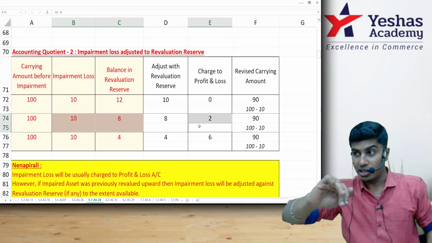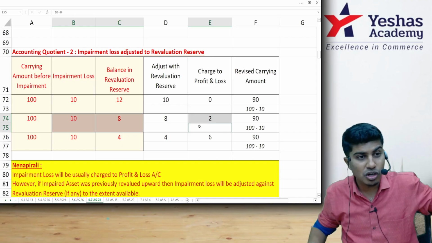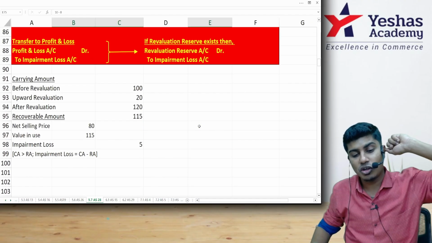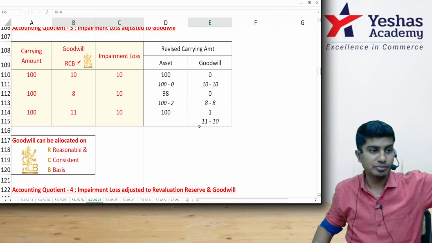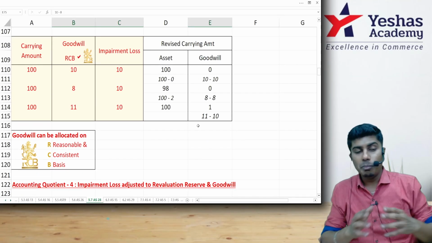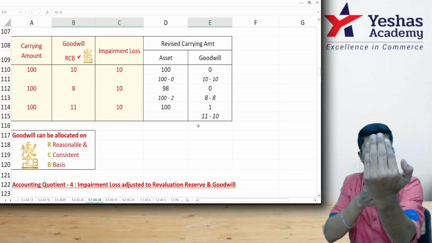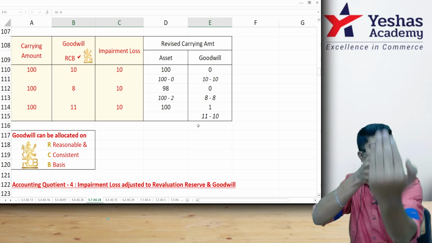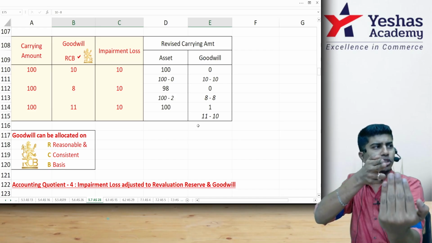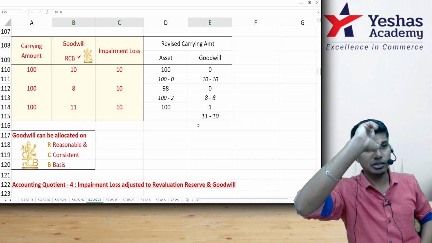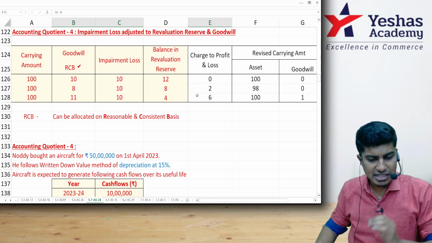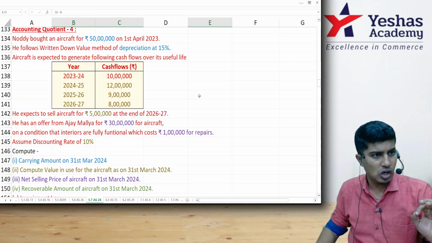This is the one side. The other side is, we should reduce from the cost of the asset. Before you reduce from the cost of the asset, you should reduce goodwill. Before you shoot your impairment loss towards the asset, goodwill will come and say, if you have to kill the asset, kill me first. So first you will shoot goodwill. Goodwill will die. Then you will shoot the asset. That is the treatment. This is the basic recognition of impairment loss.